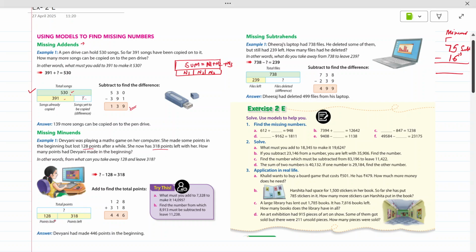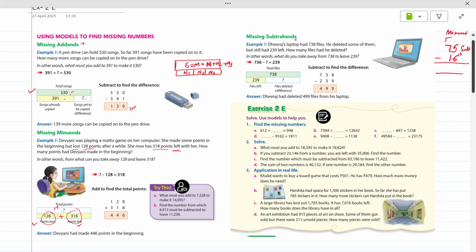We have 128 points lost, and we have 318 points left here. These are the lost points, these are the left points. If we add these two, we will get the sum here, which will give us the total points. I hope this is clear. This is normal addition. We have done this in the previous classes also, right?